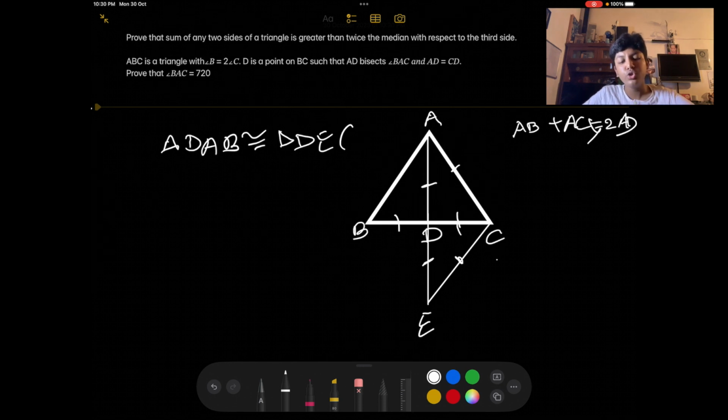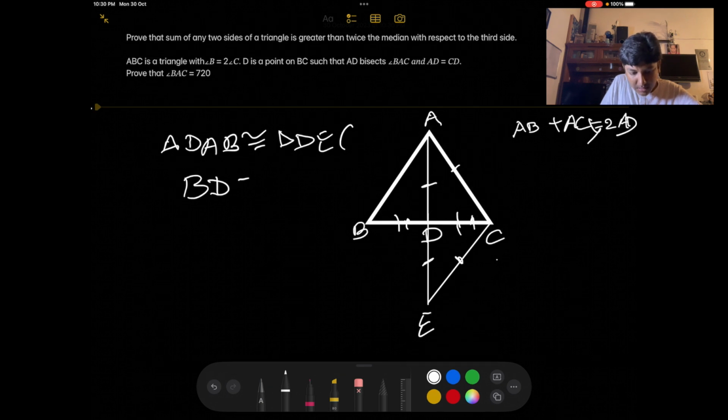To show that, we can see over here that BD is equal to DC, as AD or AE is a median, a bisector of it. So we can see that BD is equal to DC, right?